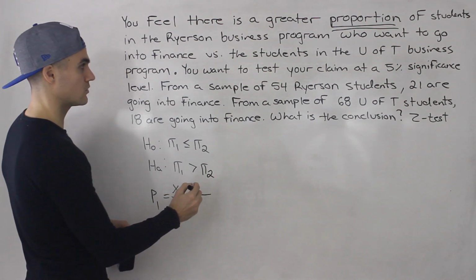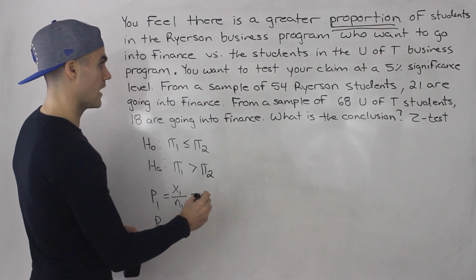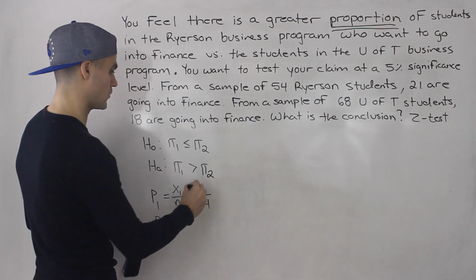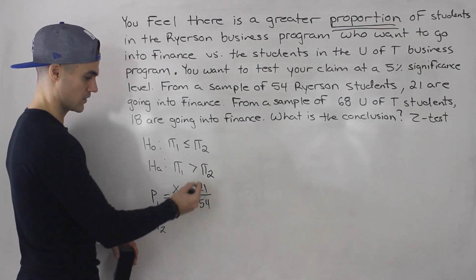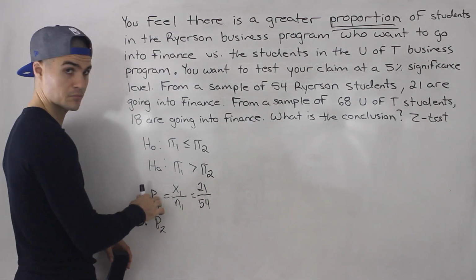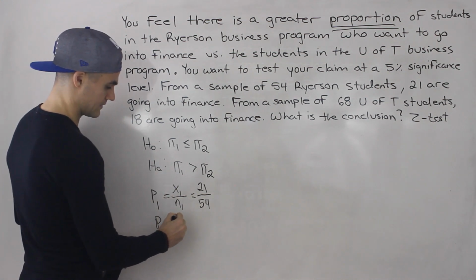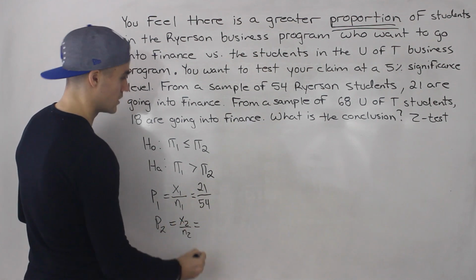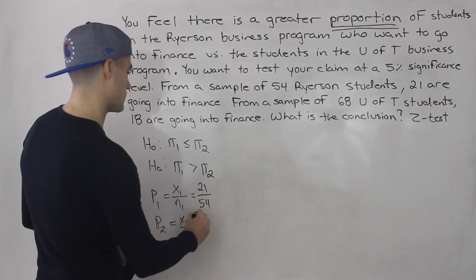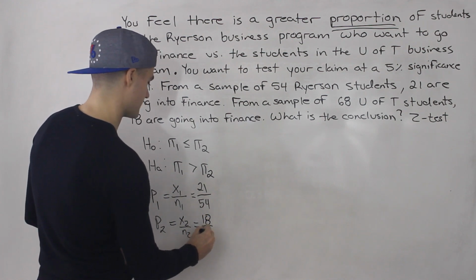Notice that we sampled how many Ryerson students? 54. And then 21 are going into finance. So 21 out of 54, that's the sample proportion from population 1. And then this is going to represent U of T, so it's going to be x2 over n2. So 18 over 68.